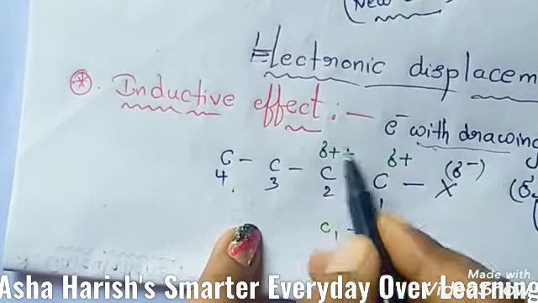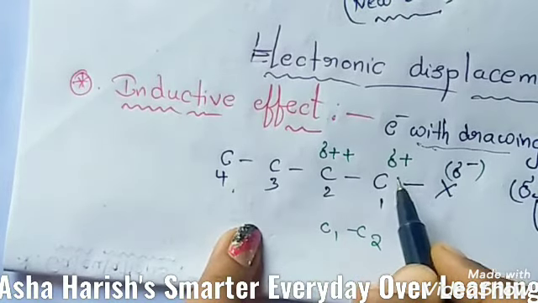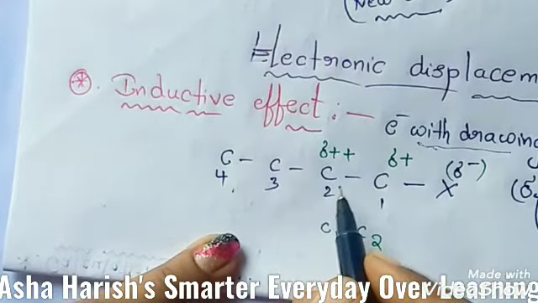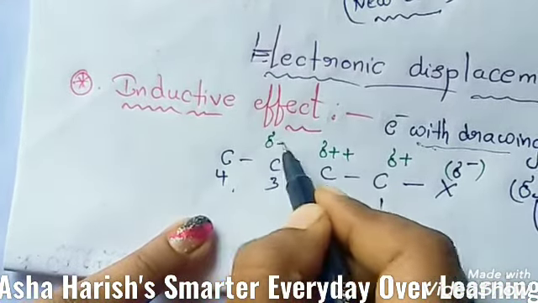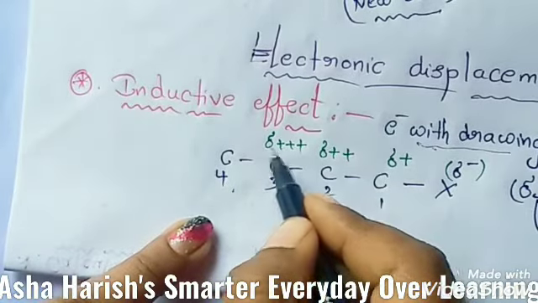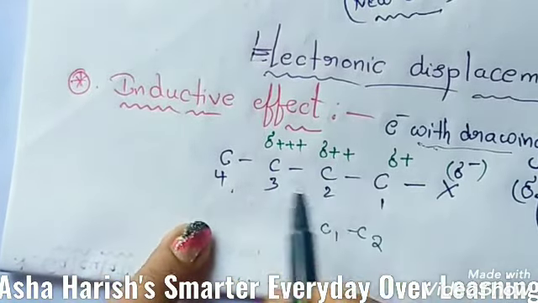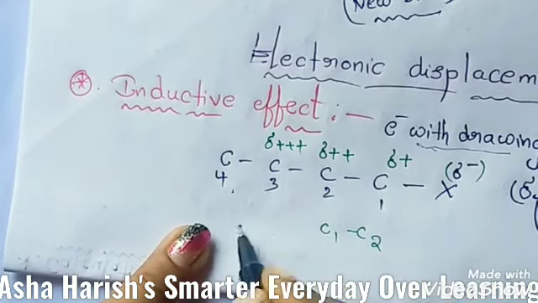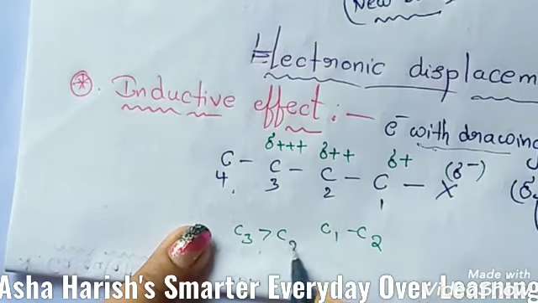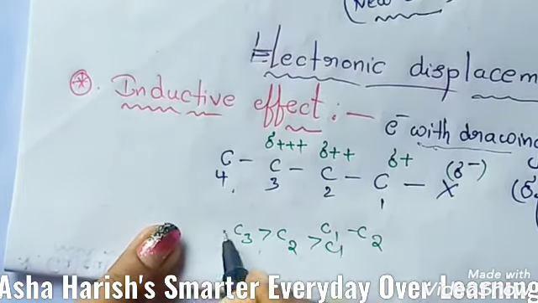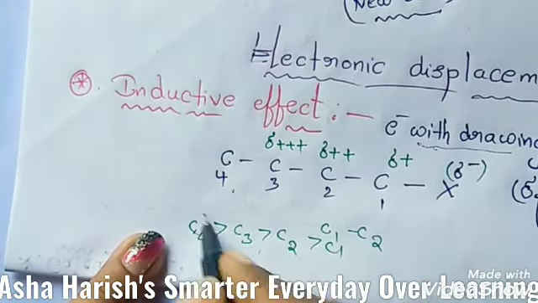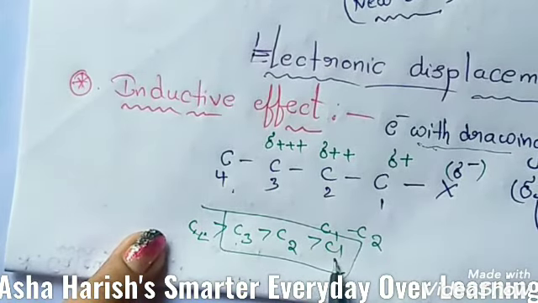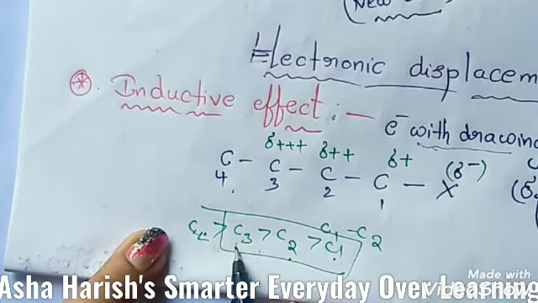And similarly C3 will acquire a still smaller positive charge, delta triple plus, smaller than that of C2. So the charge on C1 is greater than C2, and C2 is greater than C3.